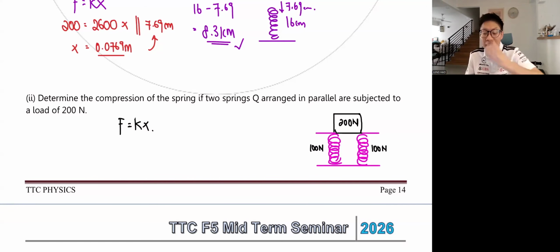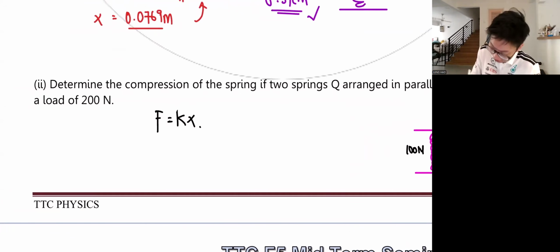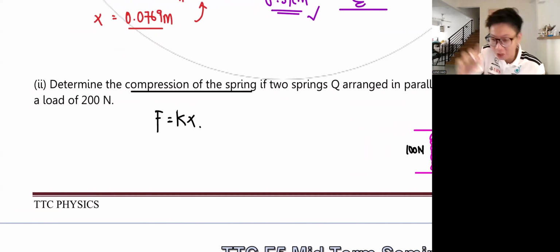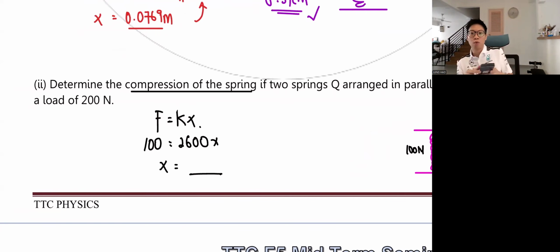Okay, so guys, what's the answer here? Okay, first of all, this is a trick question again. They are asking you the compression only, so you do not need to minus. So you just take 100 Newton. The spring constant is 2600, so F = Kx, and my x will be equal to 100 divided by 2600.